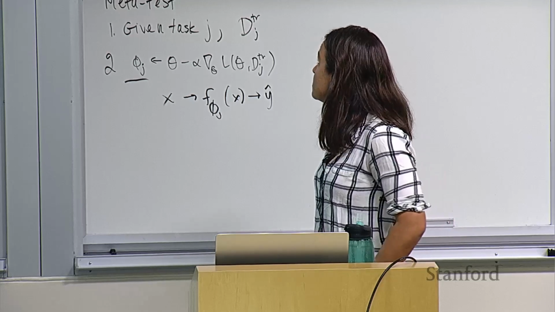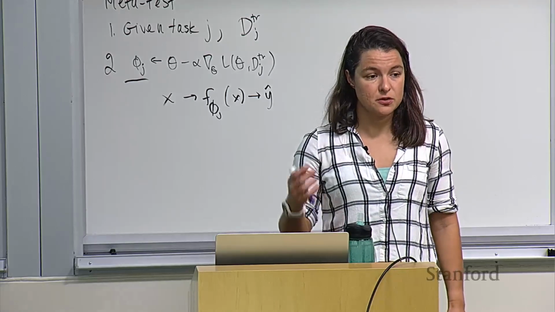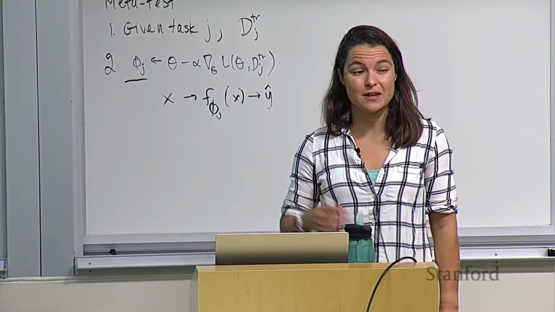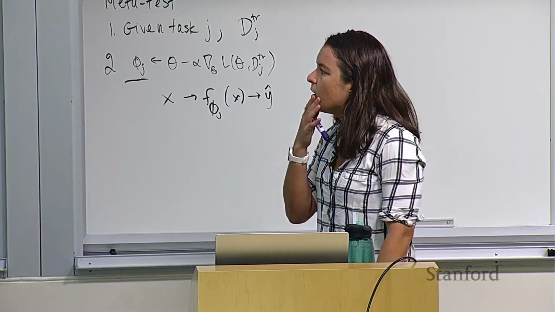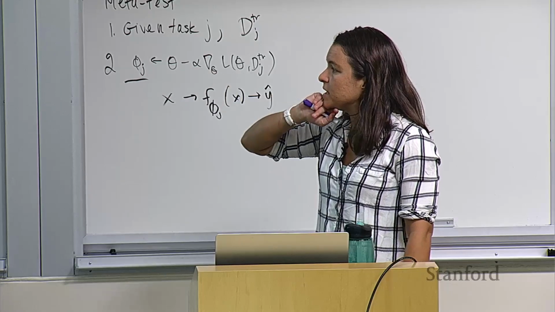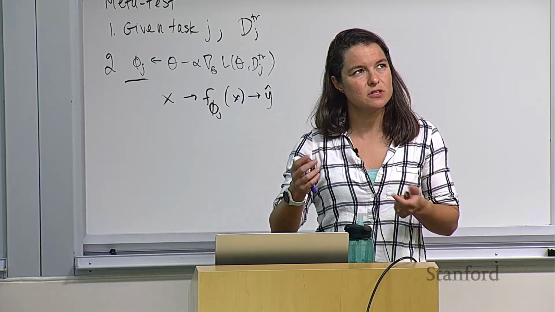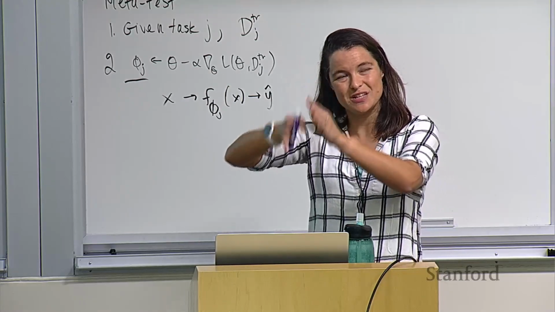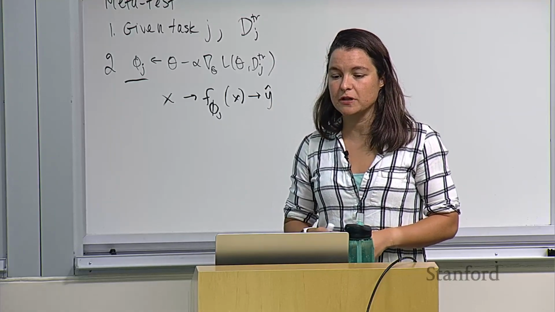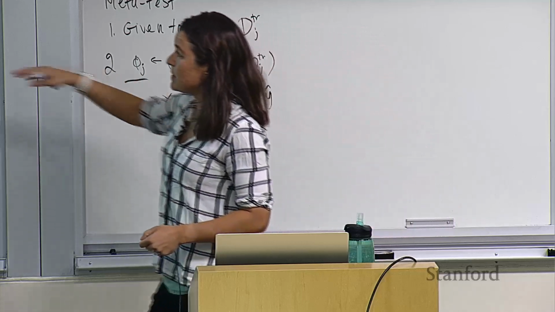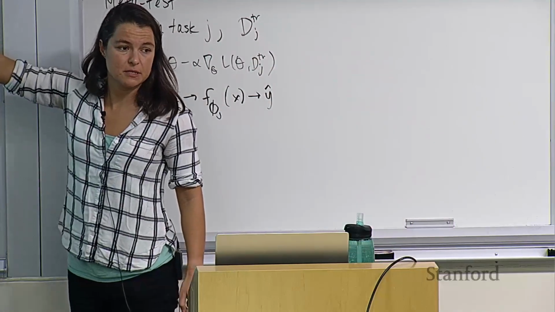If you have a black box meta learner that's actually outputting parameters, then you could also fine-tune those parameters a little bit, and you would expect that to do a little bit better than if you didn't fine-tune. Both of these approaches, SNAIL and meta networks, are not actually outputting a single set of parameters, but you could fine-tune the last part of the RNN. And in principle, that should improve it a little bit. I suspect that it may not improve it all the way up to the purple line, but I suspect it would improve it a little bit.